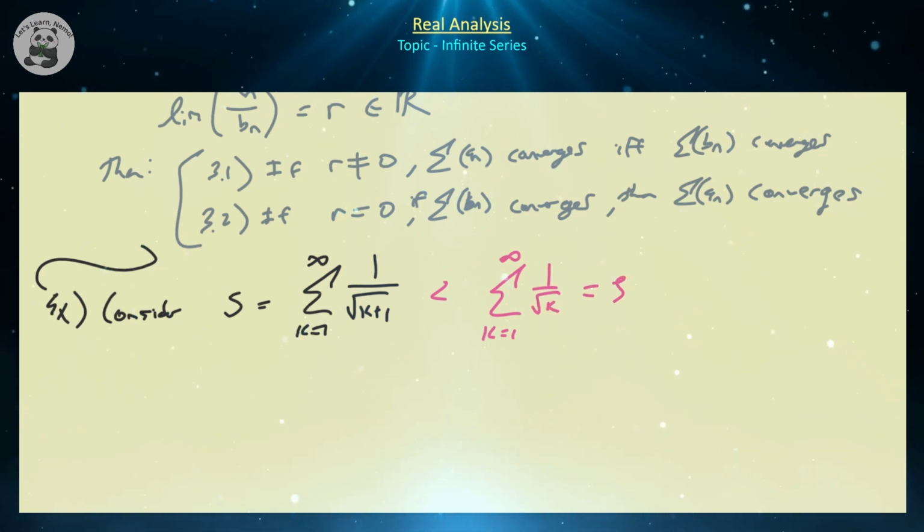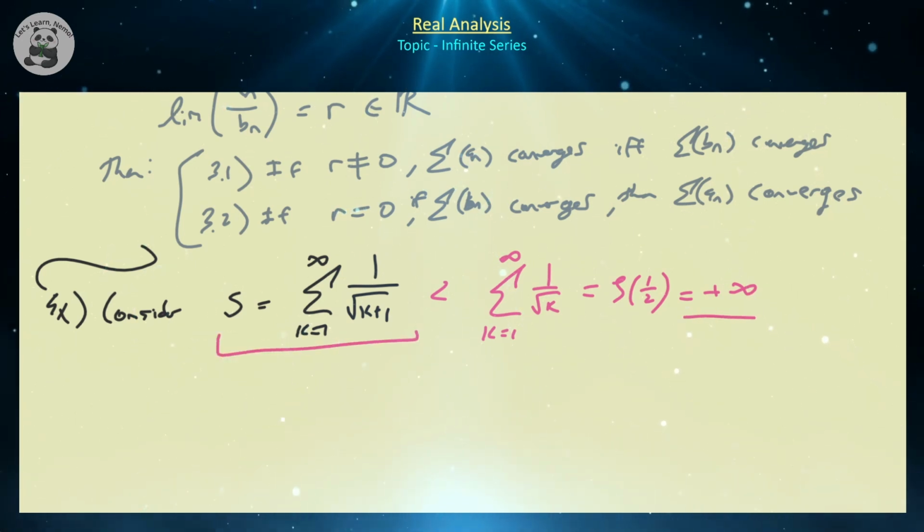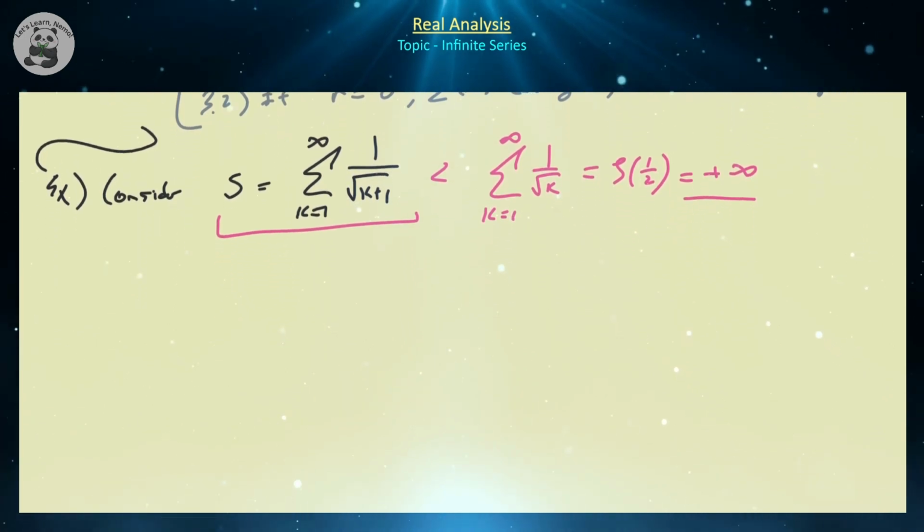And we know that's just the Riemann zeta function evaluated at 1/2, which is equal to positive infinity. But just because you have a series that's less than infinity doesn't imply that it's divergent. It doesn't even imply that it's convergent, because you could have an infinity that's less than that infinity too, right? So the comparison test for the sequences doesn't actually get us anywhere for this particular example.